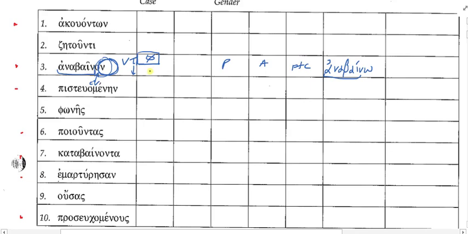It's neuter, nominative. That's right. So nominative and accusative, singular, neuter. All right. So that's the parsing here. So anabainon: nominative or accusative, singular, neuter for a present active participle.